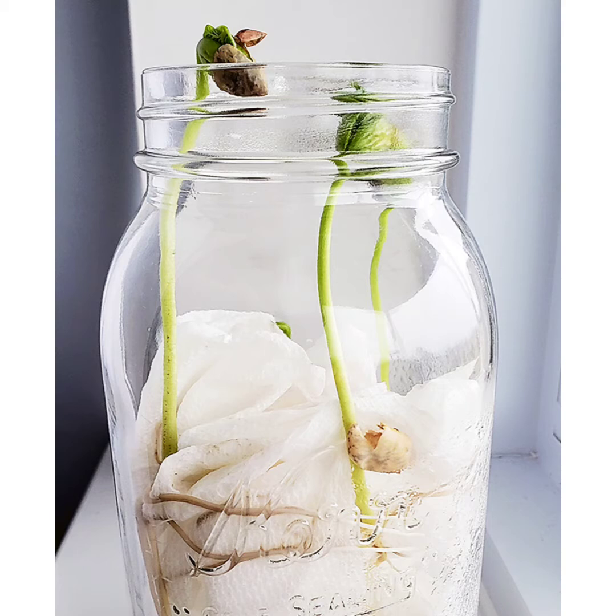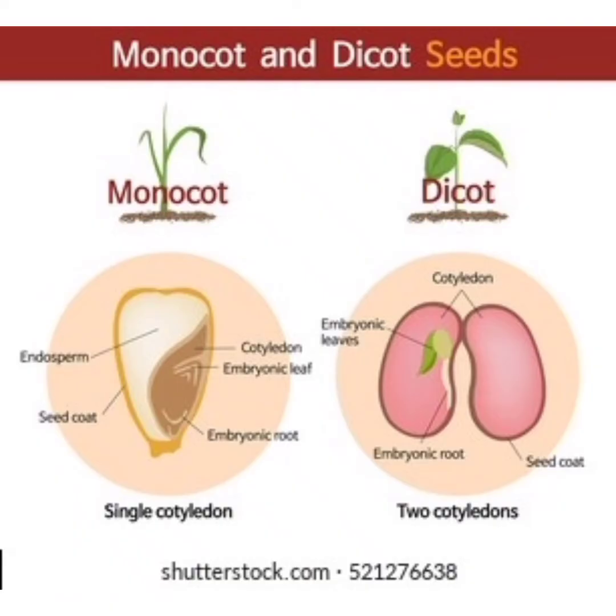After the sprouting of the seeds, if we remove the seed coat and observe, the finger millet seeds have one seed leaf inside under the seed coat, and beans have two seed leaves under the seed coat. The seed leaf within the seeds is called a cotyledon.